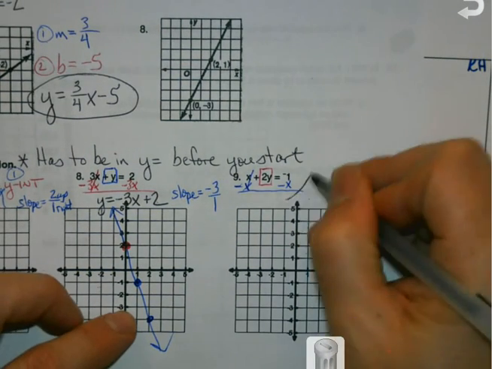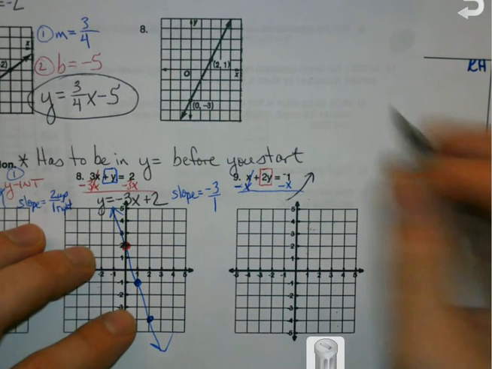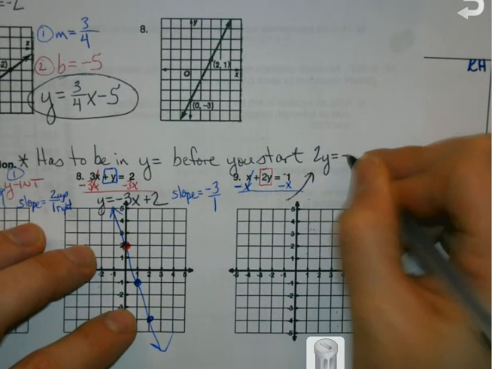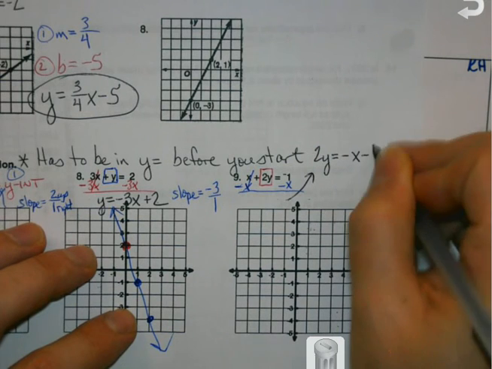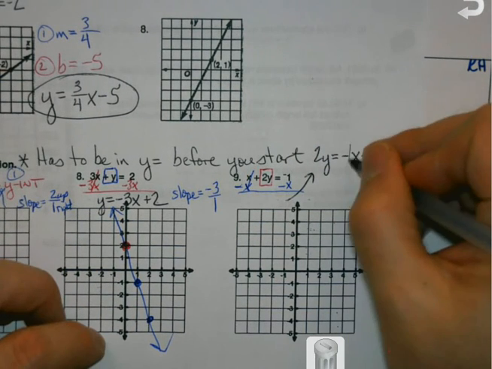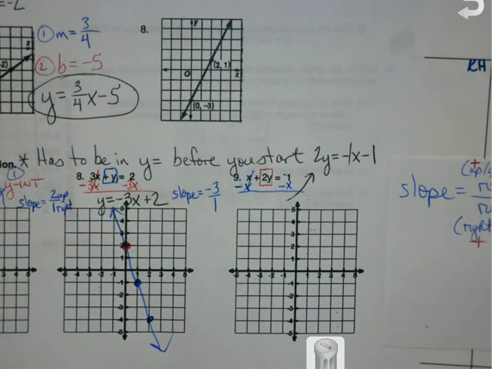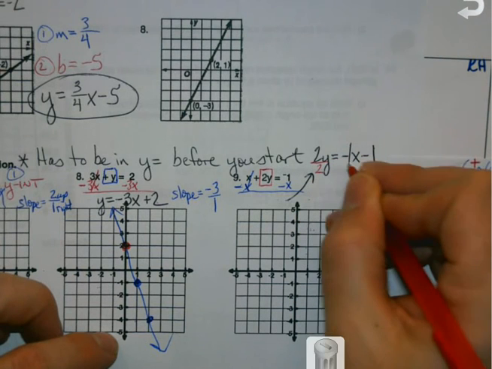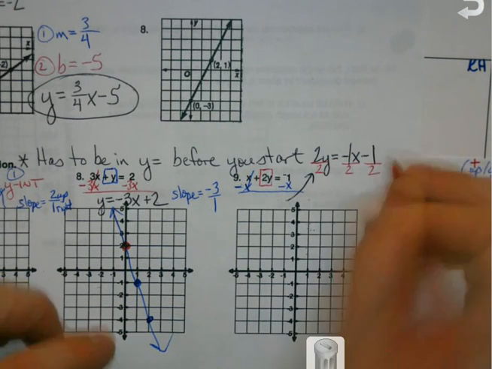I'm actually going to do it up here to the right, so we got a little more room. So I've got 2y, and I have negative x minus 1. And what number's in front of x when I don't see it? 1. Okay, and I'm actually going to put that in here so I don't get confused. Right. And I got to divide by 2 to everything to get y by itself.